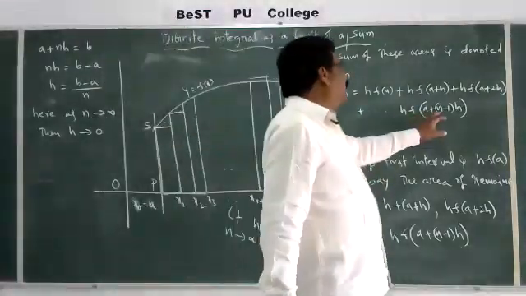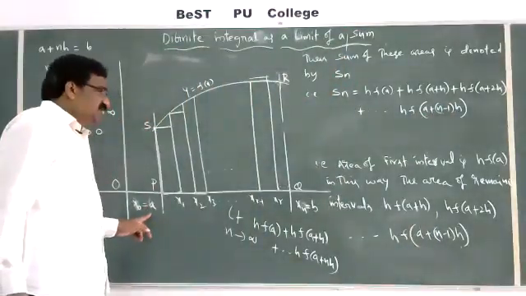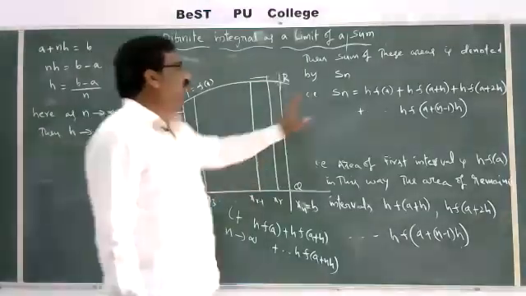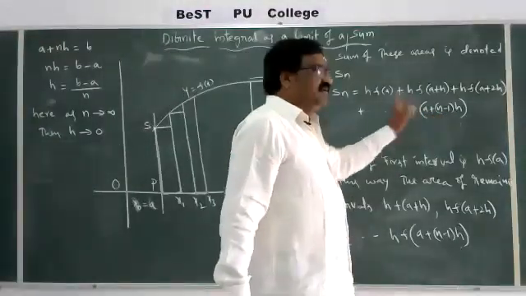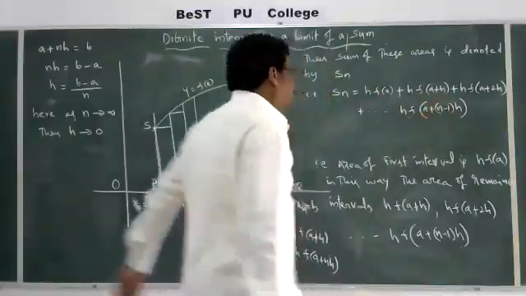Here we are taking up to n minus 1 because we start with x naught, so that gives n terms.